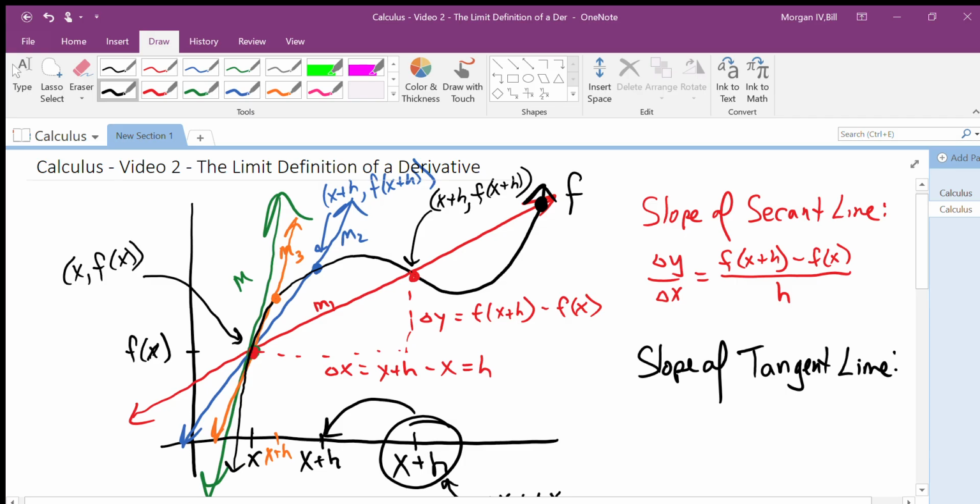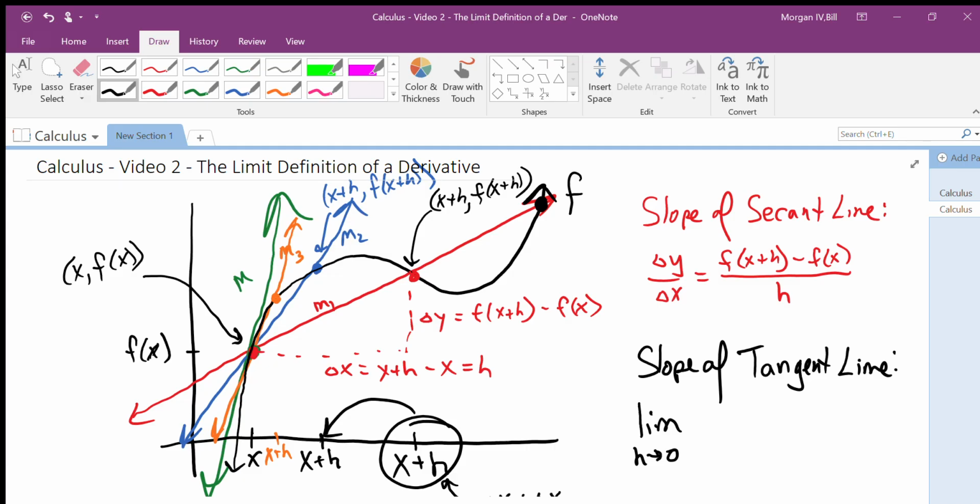We're not adding much onto the x. We're adding smaller and smaller amounts onto the x. So like I said, to do that, we need a limit. It's the limit as h goes to 0. Now what that means is we're not letting h be 0, because then you'd only have 1 point and not 2. We're saying what happens as the distance h from x to x plus h gets smaller and smaller.